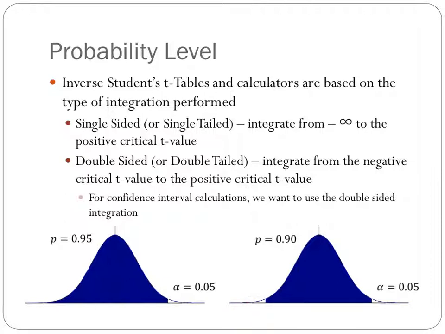For the double-sided integration, even though the alpha level is the same as that of the single-sided integration, the area integrated under this curve is going to be less because we have these two tails that are going to account for this same alpha level.